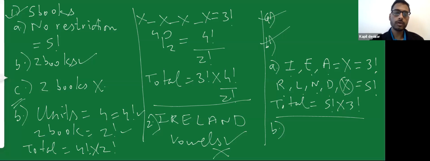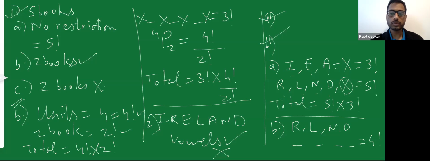And second condition was vowels not to be together. Now you have to forget your vowels. So which other letters? R is there, L is there, N is there, and D is there. So 1, 2, 3, and 4. So these 4 letters can be arranged in how many ways? In 4 factorial different ways.